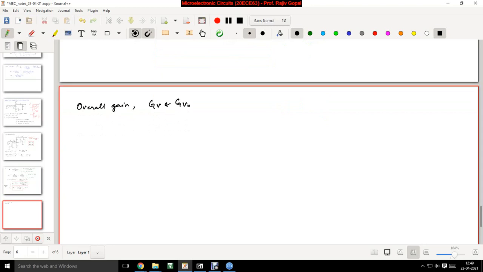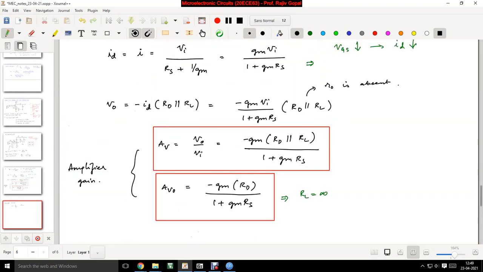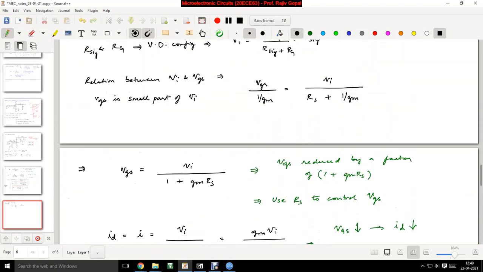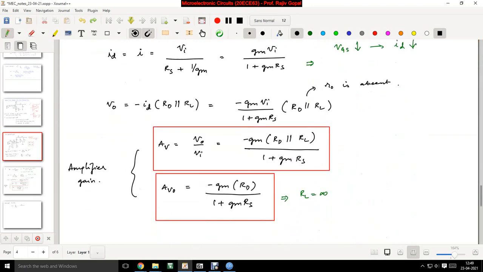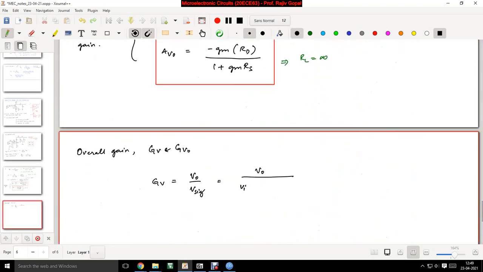Let me write GV is equal to V naught by V signal. What is V signal? Go back to the first equation. V signal is Vi into R signal plus Rg divided by Rg. That I will write below.